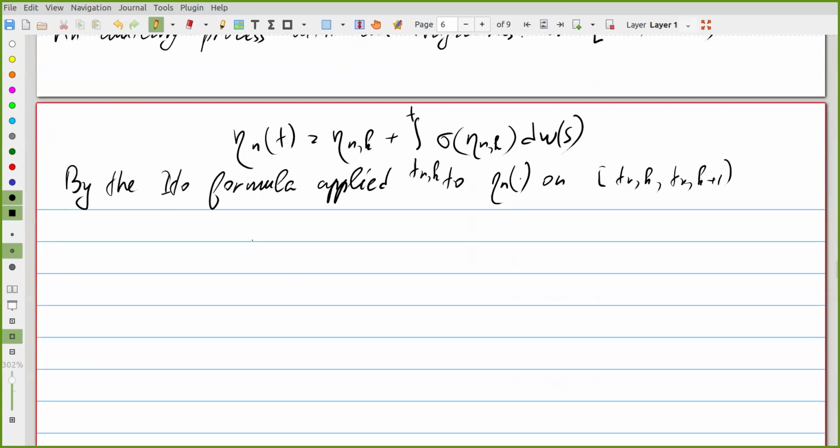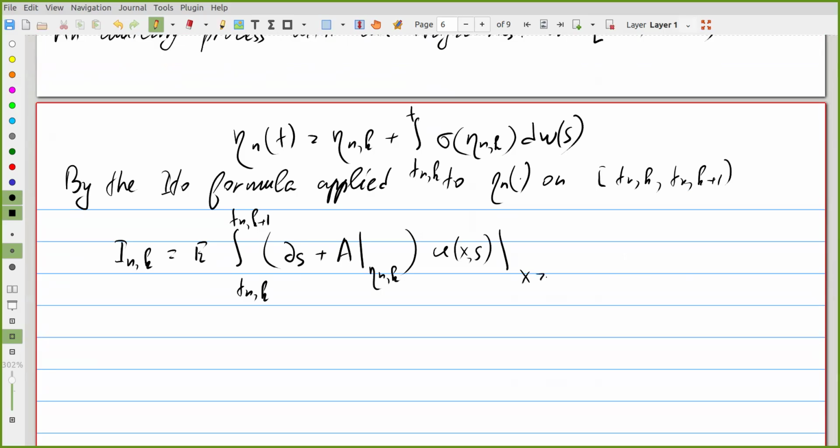It's discrete. I_{n,k} now equals the mathematical expectation of the integral from t_n^k to t_n^{k+1} of (∂_s u plus A_{n,k} u) ds. Let me write this and we will explain this.